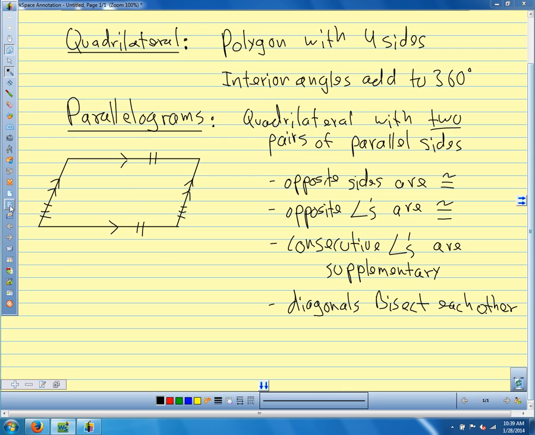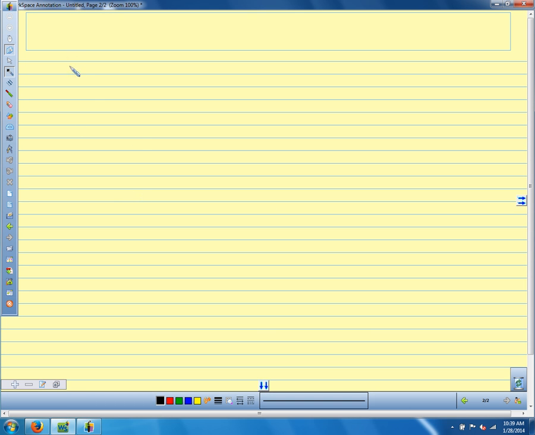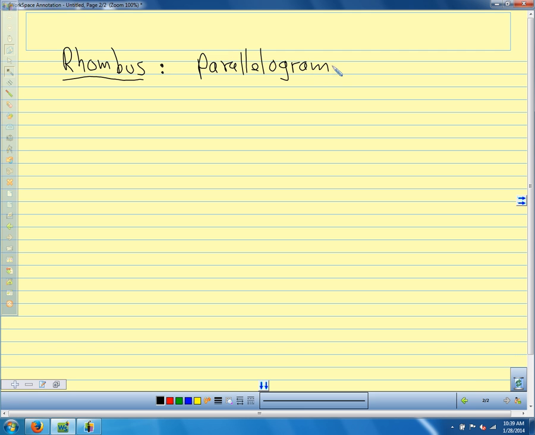Okay, let's go to the right there and talk about rhombuses. A rhombus is a parallelogram. It shows on our graphic organizer. So everything that's true about a parallelogram is also true about a rhombus. A couple of other things happen with the rhombus.